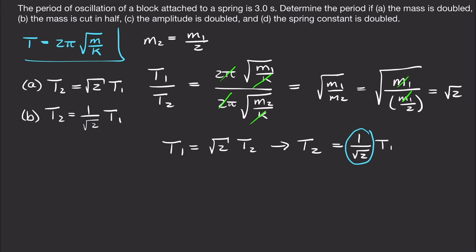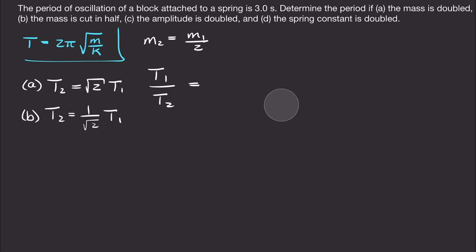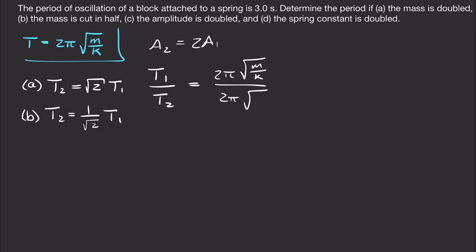And so now let's go back and do part C. Now we want to double our amplitude. So A2 is going to be twice what it was before, A1. But if you write your expressions for the period, what you see is there's no dependence on amplitude.